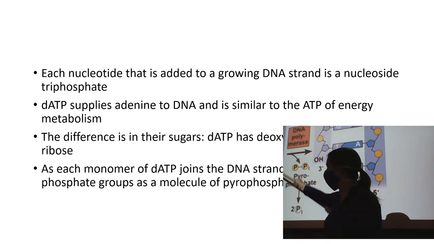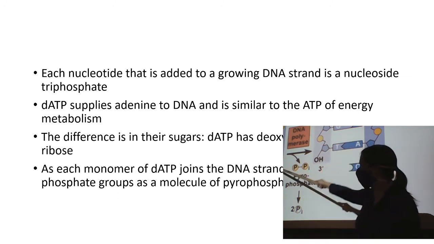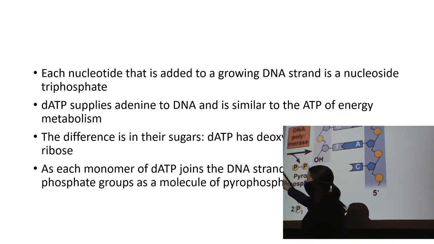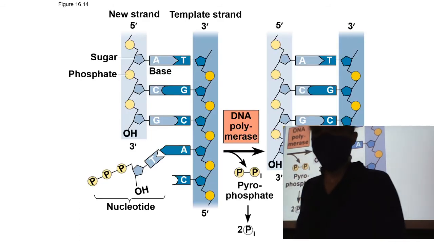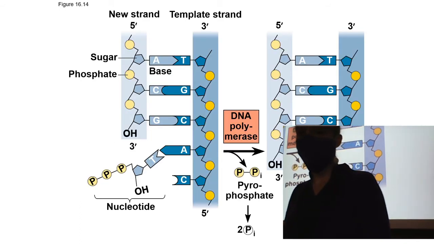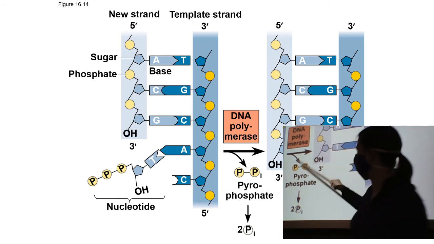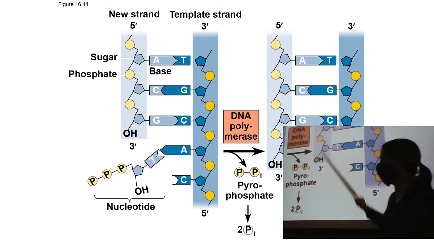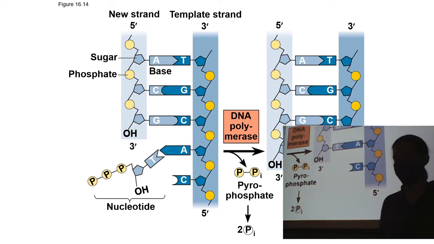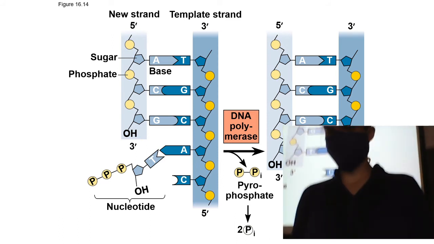It can only add, so as the template strand is being read, it can only add the daughter strand this direction. Is everyone cool with this? And it's just going to keep going. You're going to get rid of this phosphorus bit, and you're going to keep just growing this chain along. So far, so good?